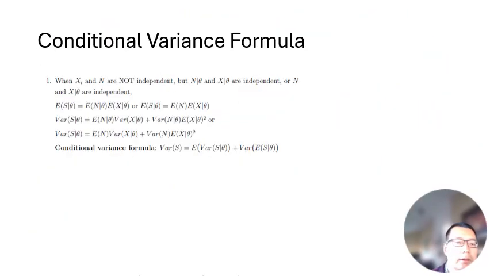Earlier we talked about variance for the compound distribution, which always assumed that X and N are independent. But what if X and N are not independent? So here we are talking about this. When Xi and N are not independent, but N given theta and X given theta are independent, then the expected value of S given theta is equal to the expected value of N conditional on theta times the expected value of X conditional on theta.